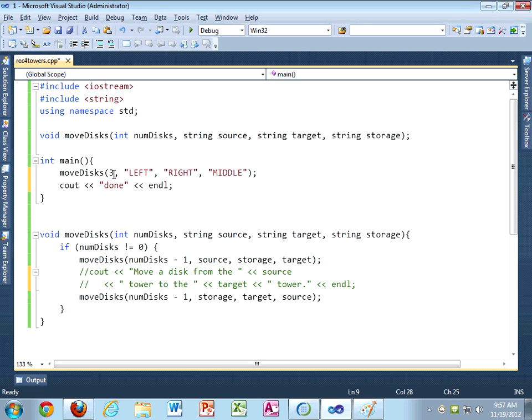Yes, we have to change it from 3 to 64. Okay, so what I need to do is figure out how many moves per second the computer can make. Let's try to figure that out, okay? So to do that, let's plug in 25 and just see what happens.